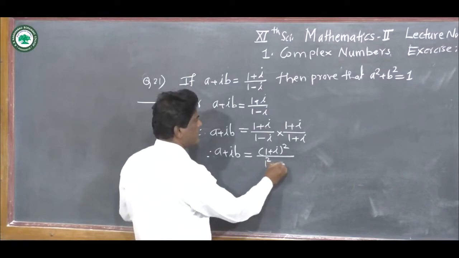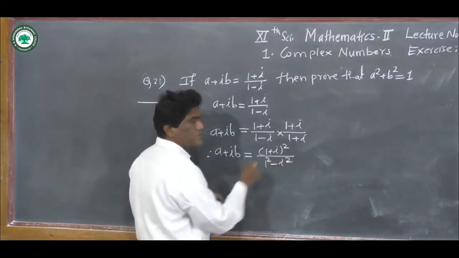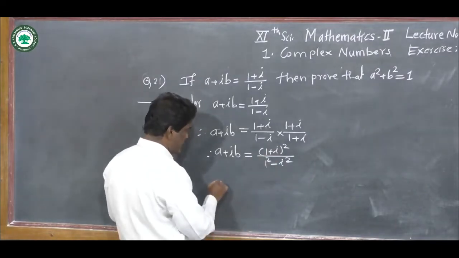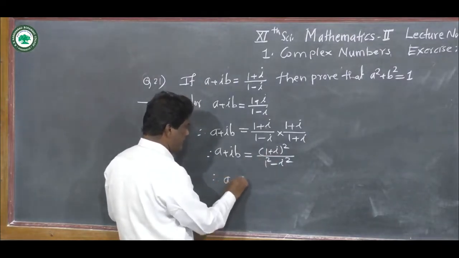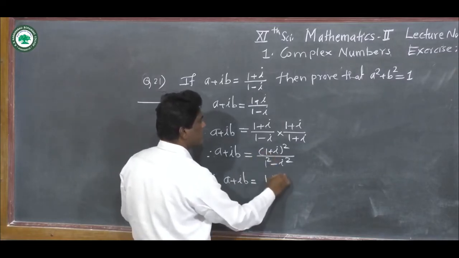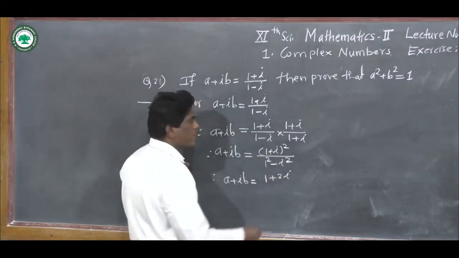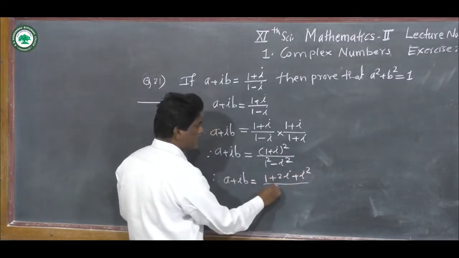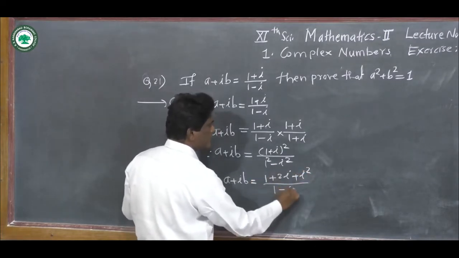So it is 1 square minus i square. Now expand this 1 plus i bracket square, therefore we get a plus ib is equal to 1 square, 1, plus 2 into 1 into i, that is 2i, plus i square, divided by, here 1 square is 1 minus i square is minus 1.